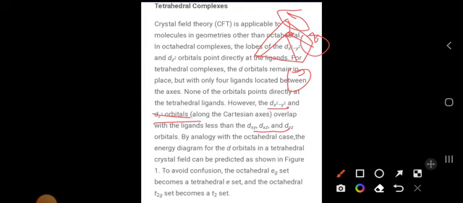This is opposite to octahedral, where we have 6 ligands, but here only 4. These are divided into the E orbitals and the T2 orbitals. The T2 orbitals have the higher energy, and the E orbitals have the lower energy.